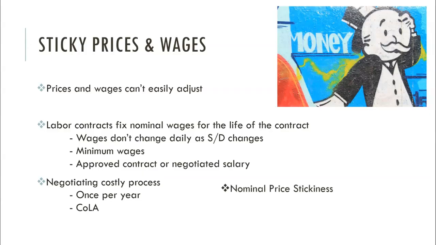There's also the issue with nominal price stickiness. There's catalog cost, expectations of customers, and it's not feasible or cost effective to be changing prices every single day. Catalog prices refers to the actual printed prices of products. So whether that's a physical catalog, a printed menu at a restaurant, a large sign displaying the prices, or printed tags at the store, it's going to cost a company money to change its prices.